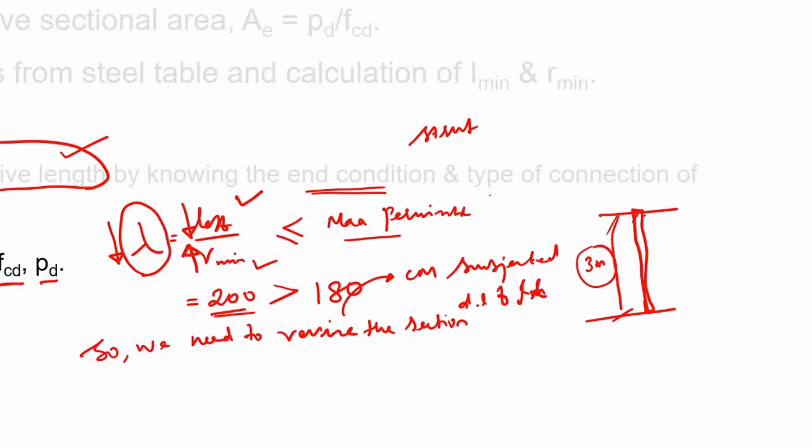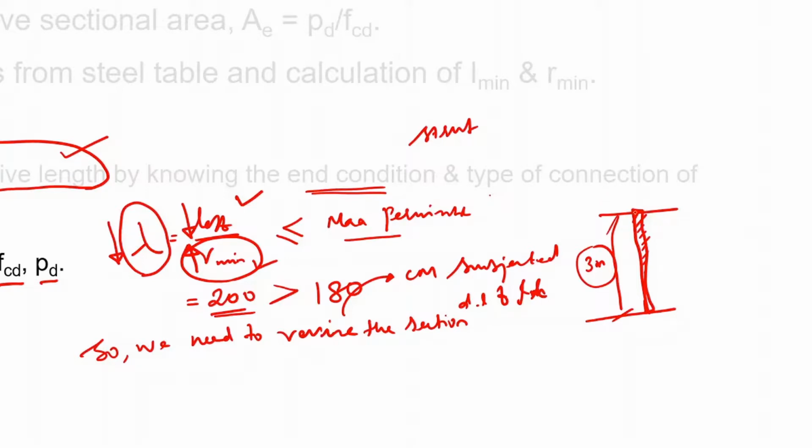So instead, what we can do is either increase the radius of gyration of a section by selecting a heavier section, or you can change the end condition of the column.